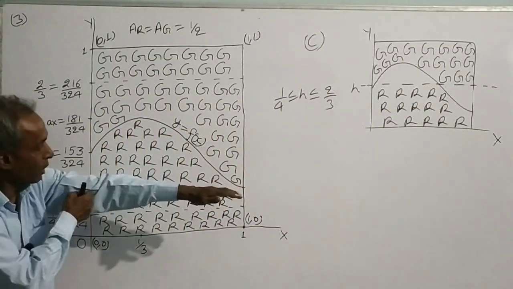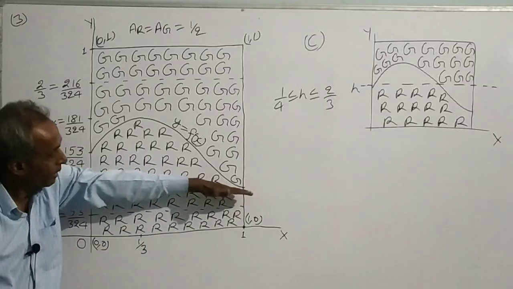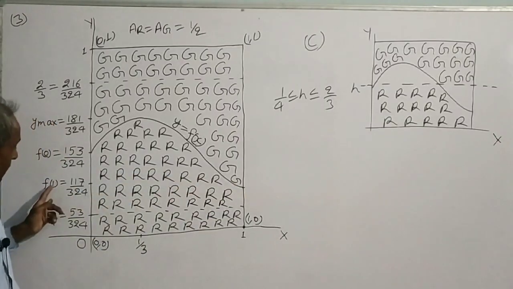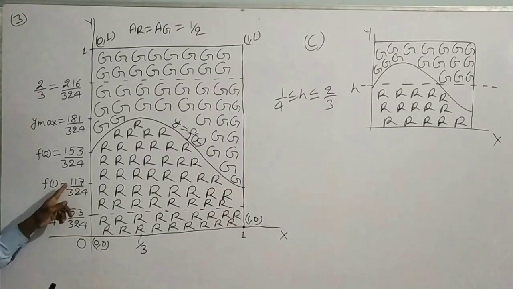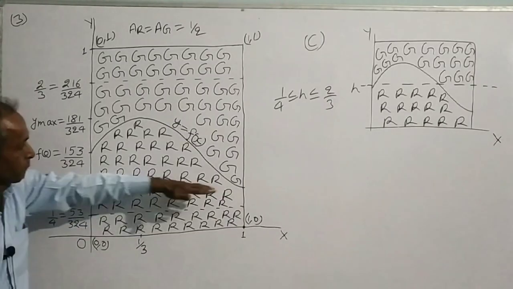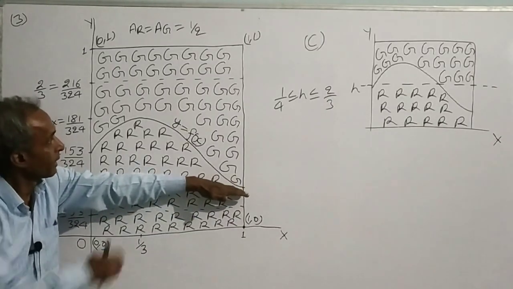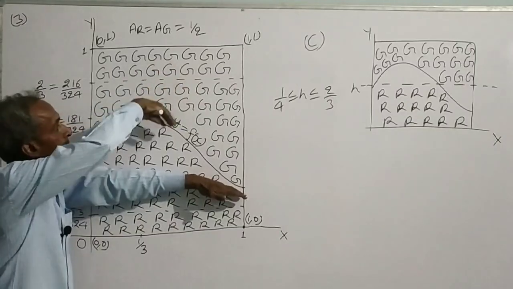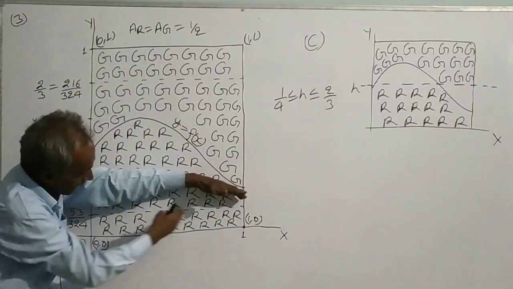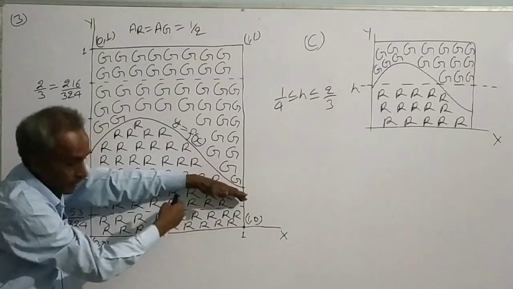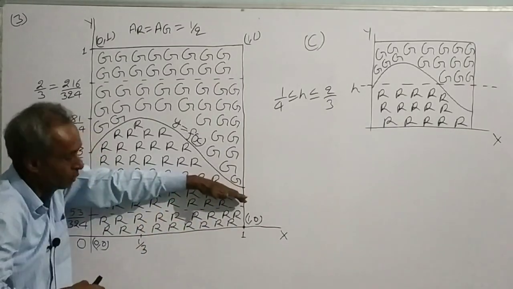When we draw a horizontal line at this height f1, the area of the green region above this height is equal to 1 by 2, while the area of the red region is less than 1 by 2.